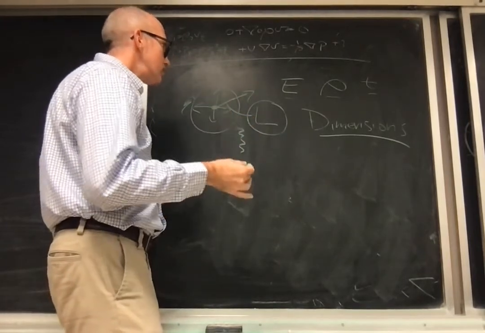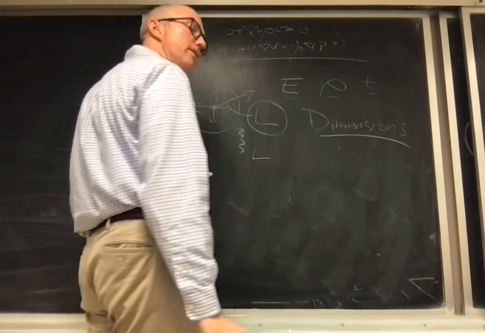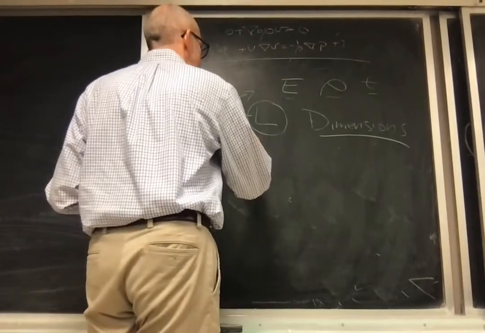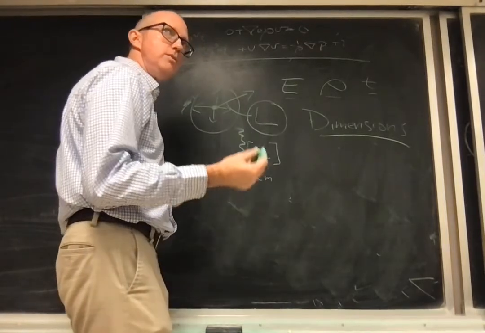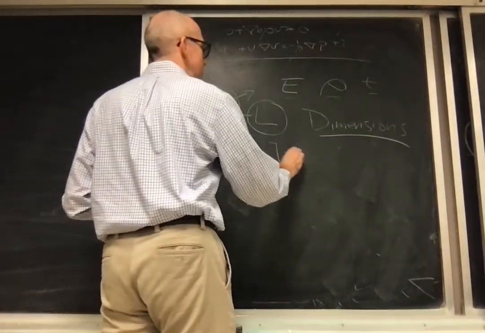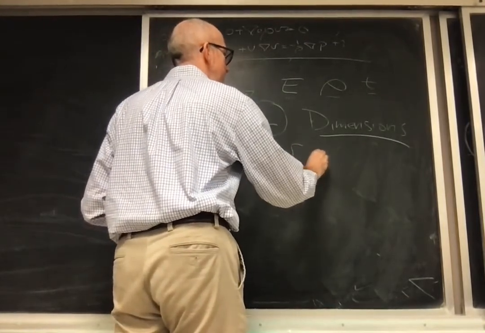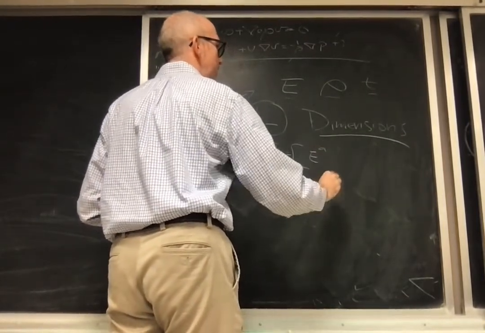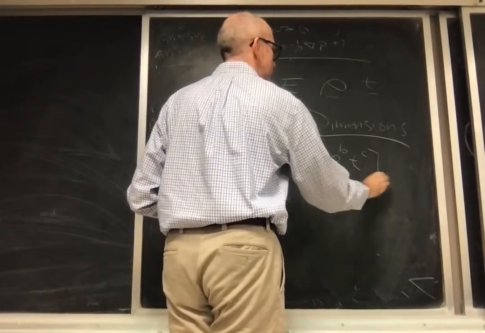So the way this works is I say, okay, I want something that's a length. Units of length are centimeters. You can use meters if you like, but we'll keep it to CGS because that's what I do. This is going to be energy to the A, density to the B, time to the C.